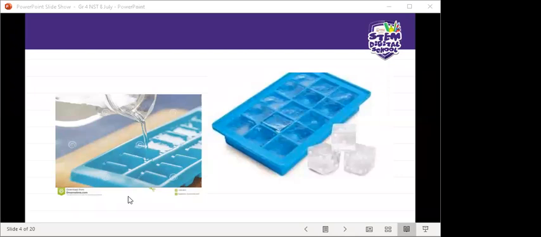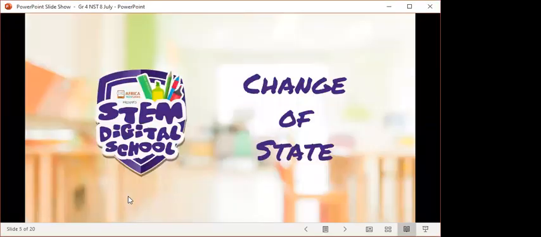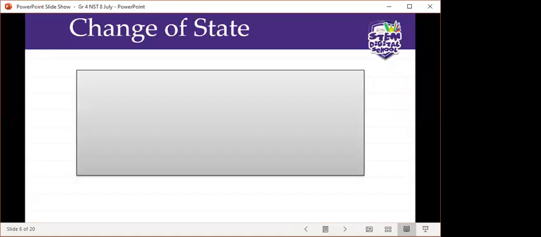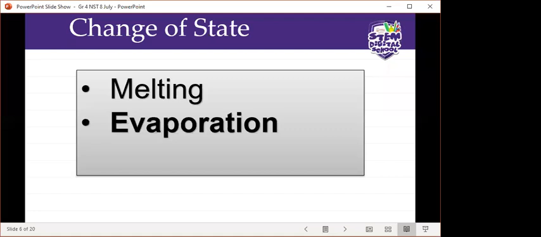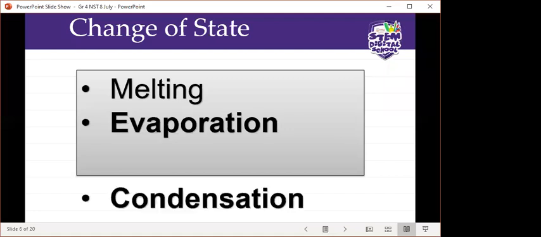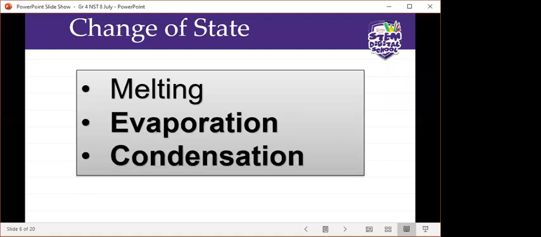All right, guys, we are continuing with change of state. Yesterday we dealt with melting, or liquefying, as we can also call it. Today we'll be looking at evaporation as well as condensation. When we were dealing with melting, melting was a change of state from a solid to a liquid.